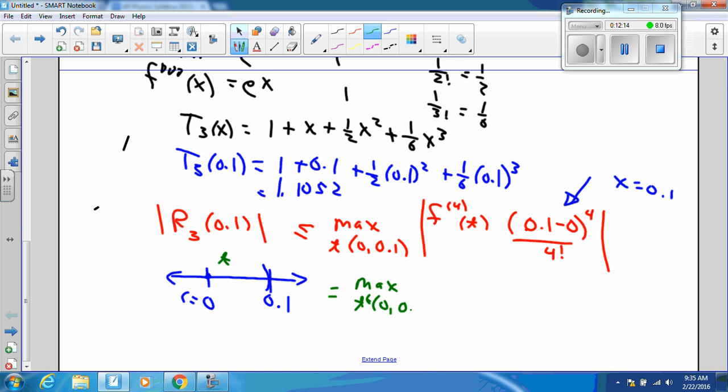And we have a double bonus, because e to the t is an increasing function, which means that as I go from 0 to 0.1, e to the t just gets larger and larger. And therefore my maximum is going to be e to the 0.1.